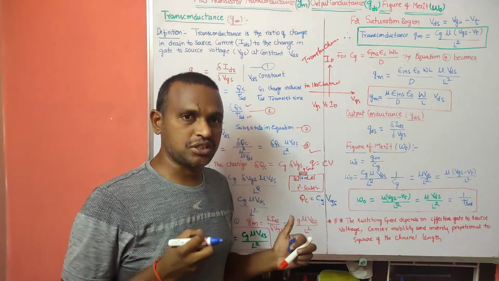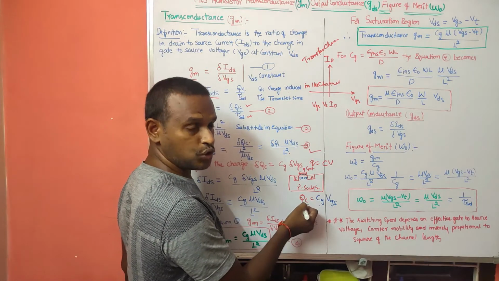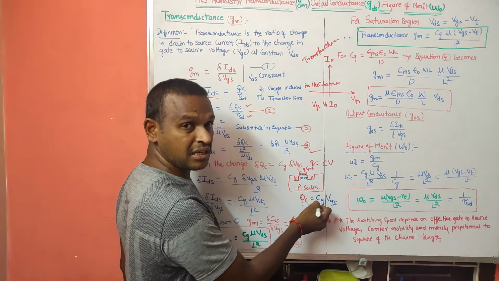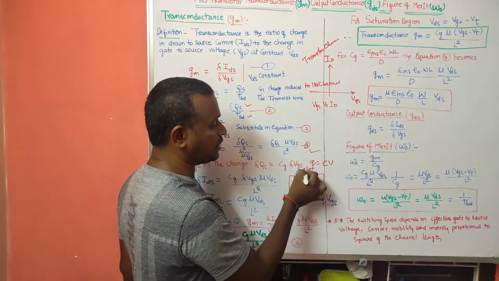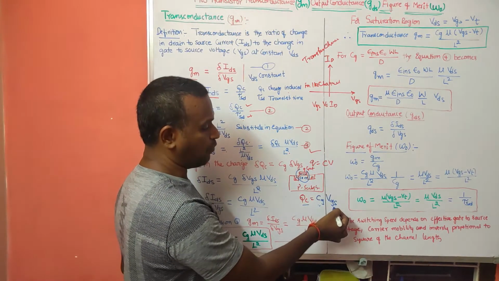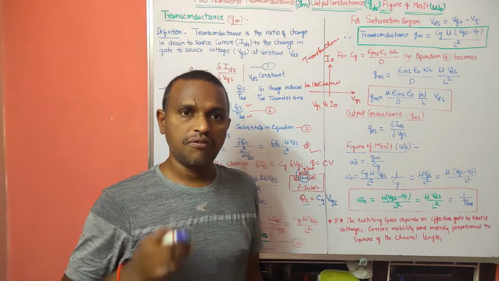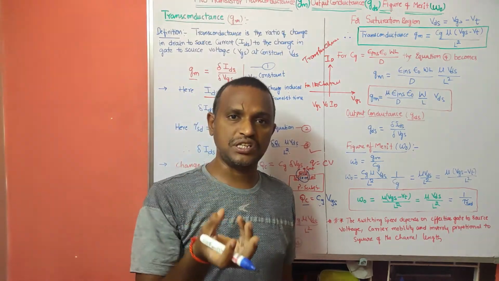How much charge we have to calculate, I am representing with QC, and here we have CG because we are dealing with the gate and substrate, and the voltage we apply at this point is VGS.